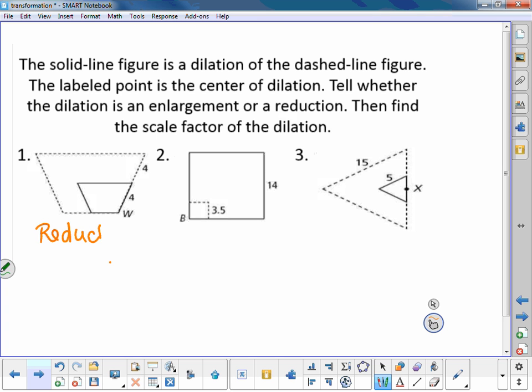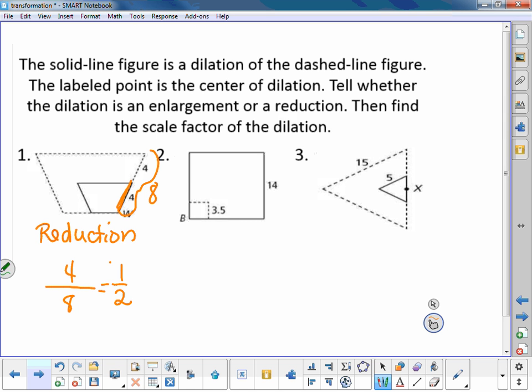It got smaller. But how much? Let's look. If I take my image, which is 4, over my pre-image, which is 8. The dotted is the pre. All right? So this is 1/2 the size of the original image.